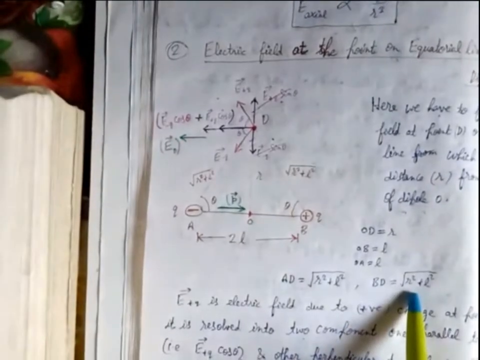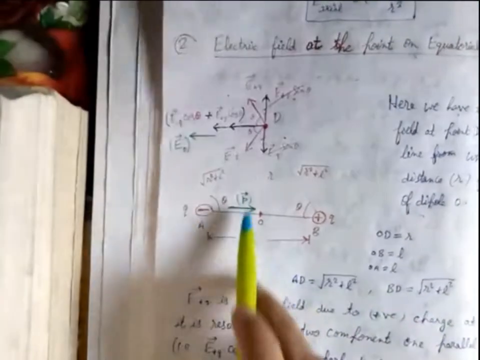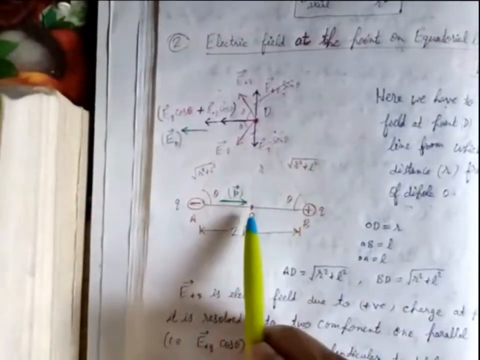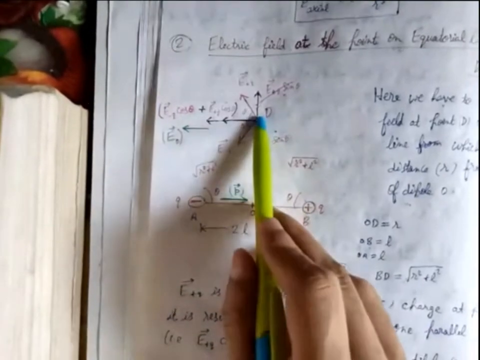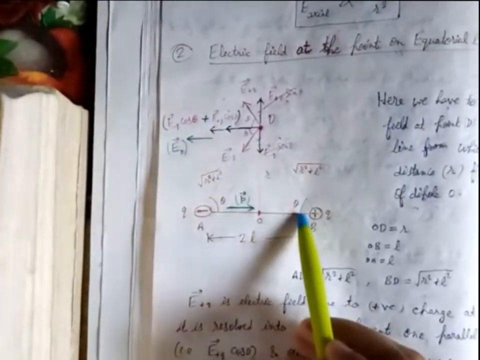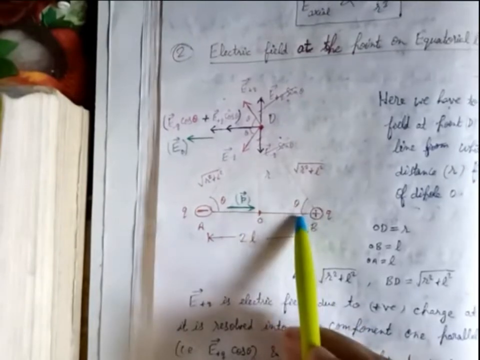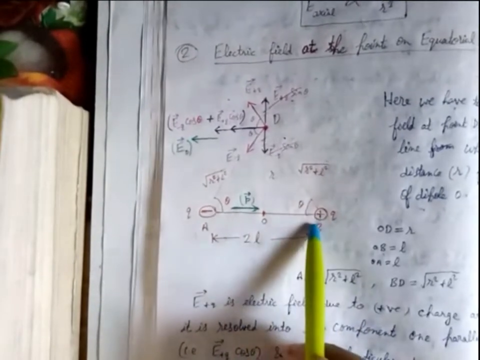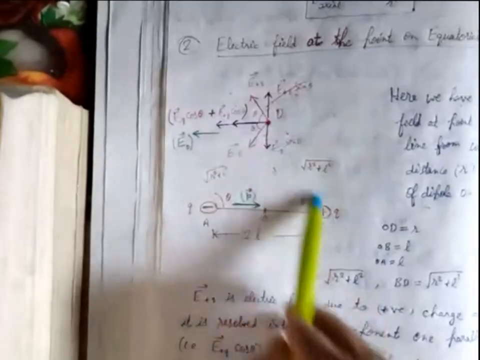So we are getting the same thing as a distance, and cos theta is in triangle OBD. Theta is this angle, so the cos component will be this OB length upon BD length.